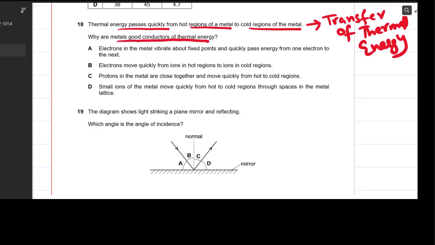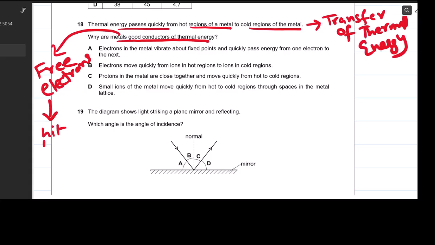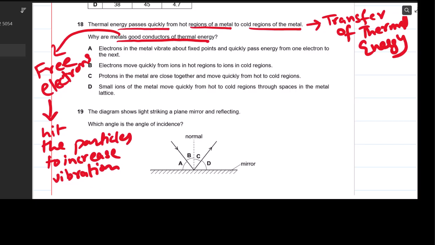Metals have free electrons. Free electrons hit the particles to increase vibration, due to which energy can be easily and quickly transferred to the cold end.